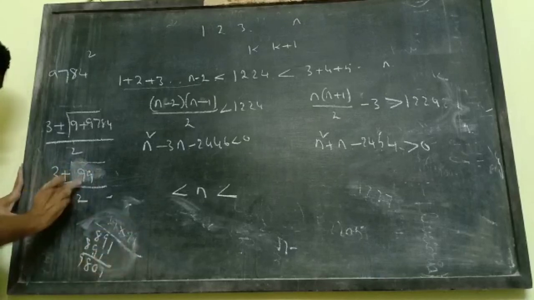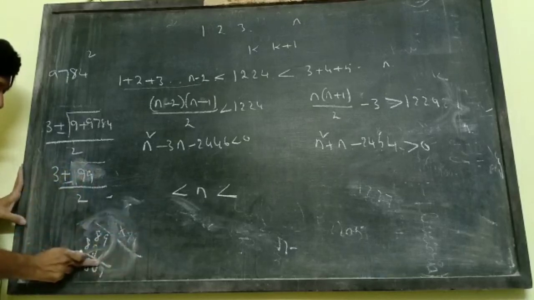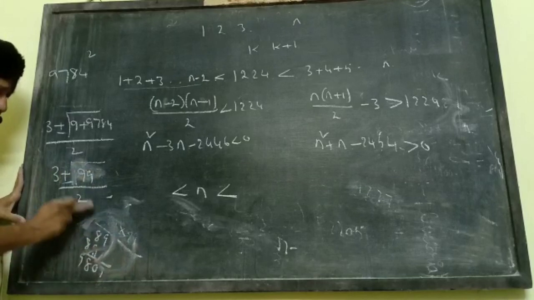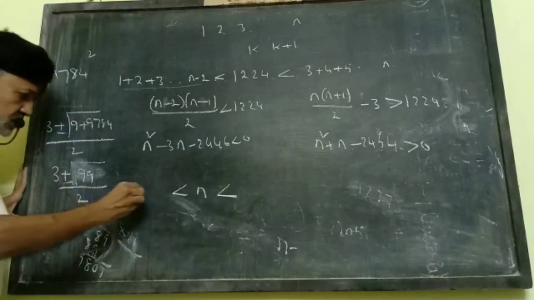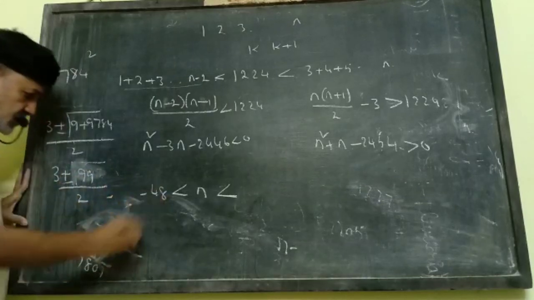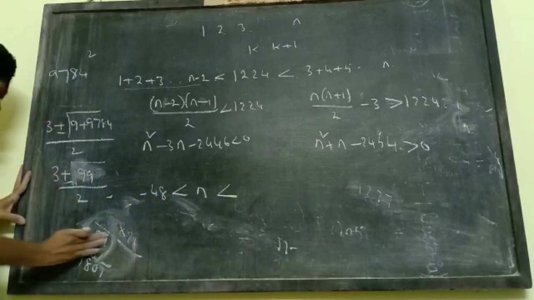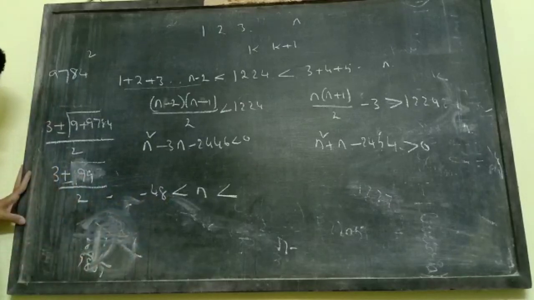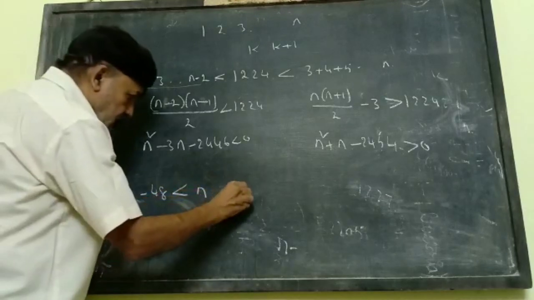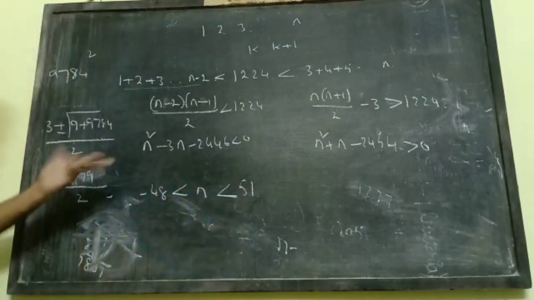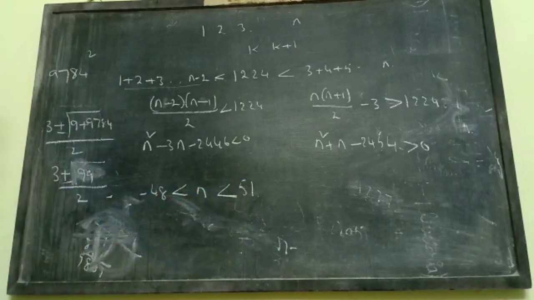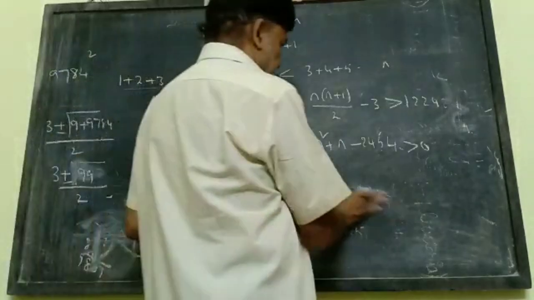So 3 minus 99 by 2 means how much will we get? 96 by 2, minus 48. 3 plus 99 by 2, and that is 51. Approximately, not exactly, approximately.